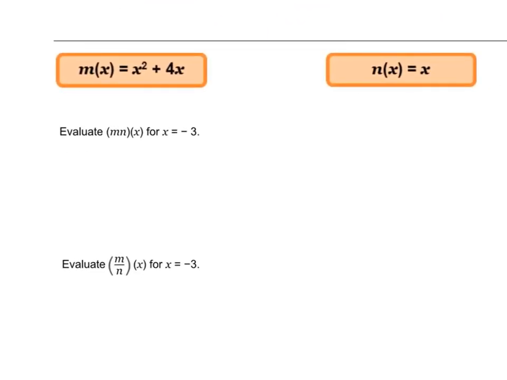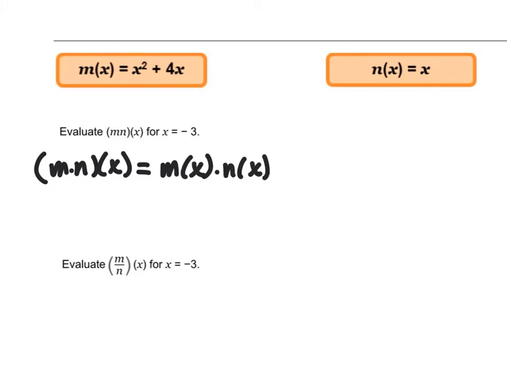All right, so on this example, we have the function m and we have the function n, all right? And it wants us to multiply these two functions together and then plug in -3, all right? So if I wanted to find m times n of x, that really means I'm taking m of x and multiplying by n of x, okay?